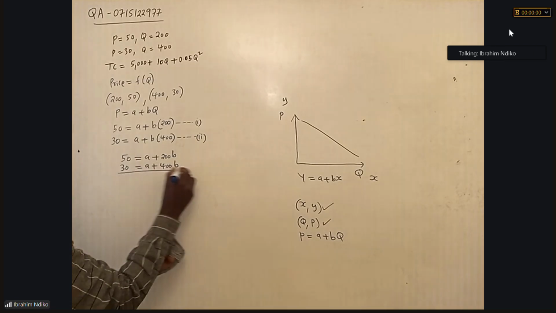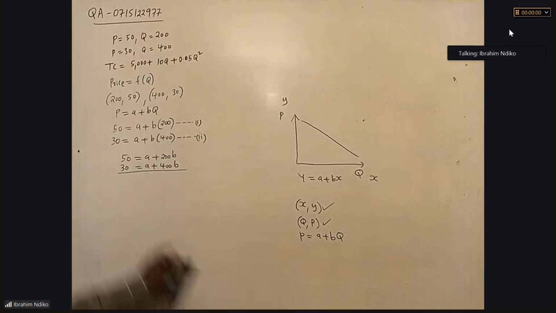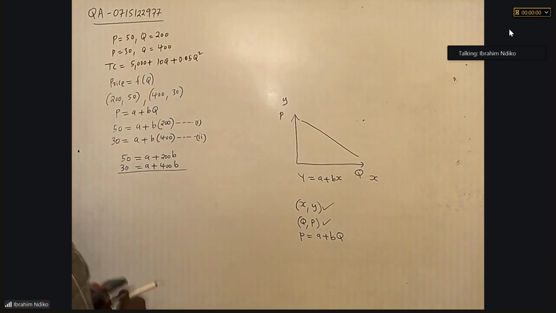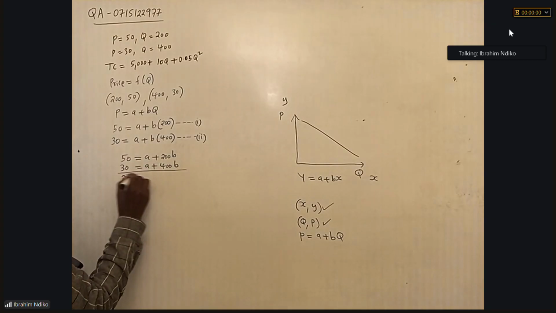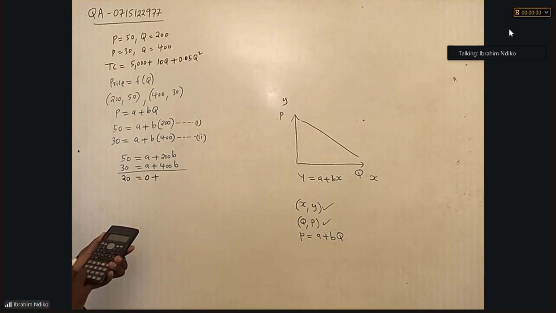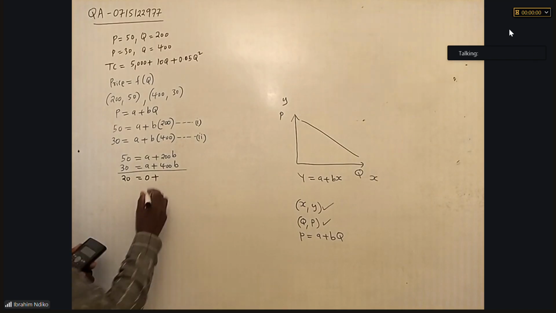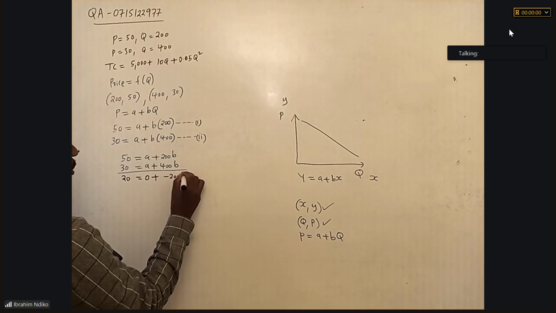Now, because A is common, we use the elimination method. Since A is common, A minus A is 0. So 50 minus 30 is 20. And then 200B minus 400B, which is minus 200B.